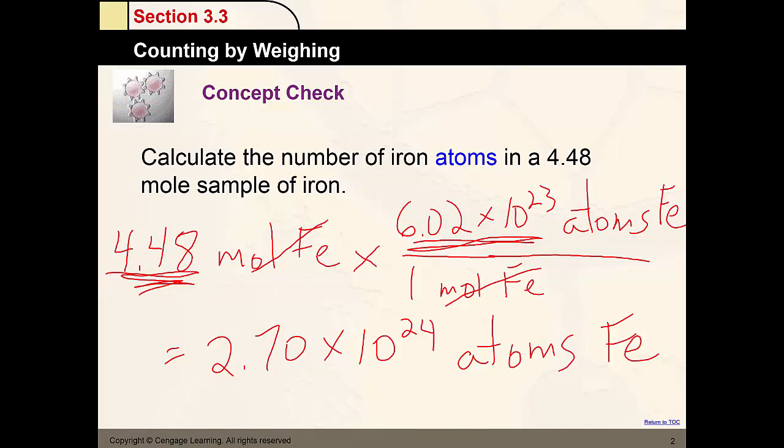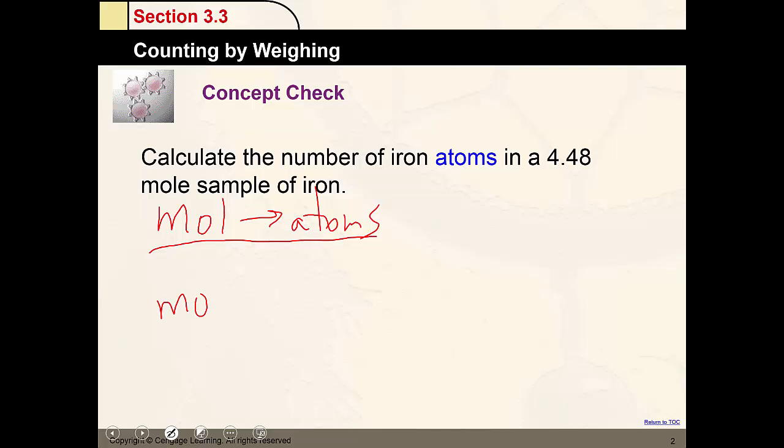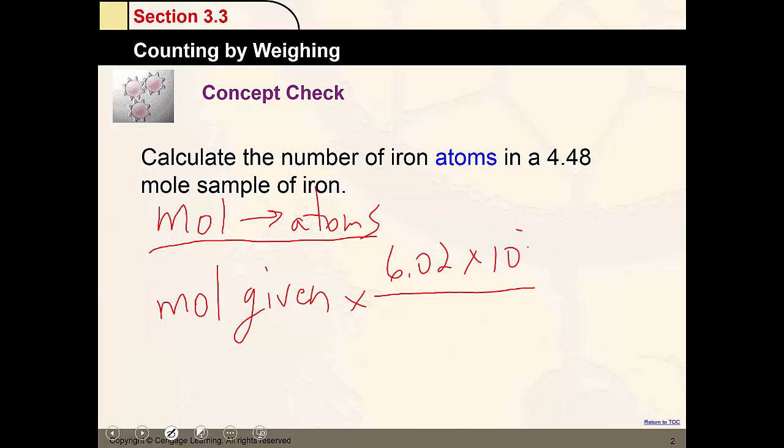So in general, any time you are asked to convert between moles and atoms, it should always look the same way. You'll always start with moles of what's given. Then you'll always multiply by Avogadro's number over 1 mole of that given atom.